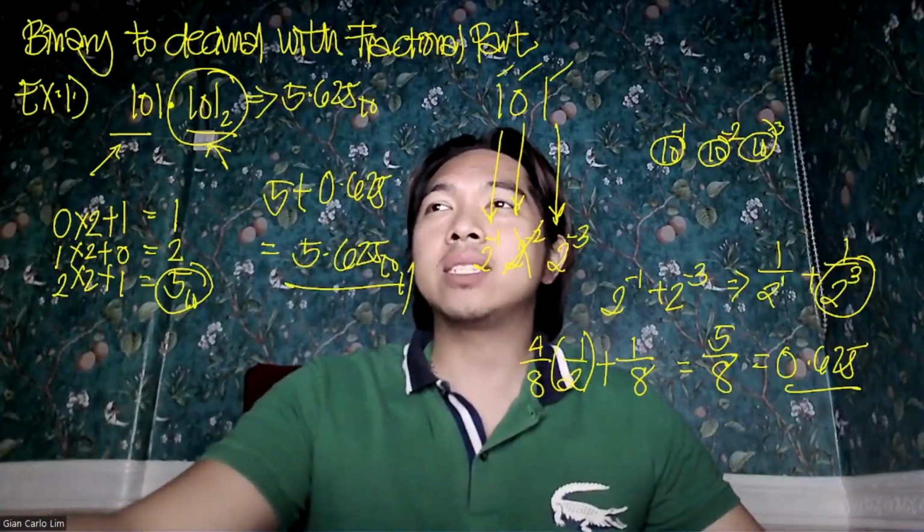Alright. So let's have another example para mas matutunan ninyo at mas ma-learn nyo yung topic. So suppose we have 1011.111. Okay. So ito, 3 decimal places lang.